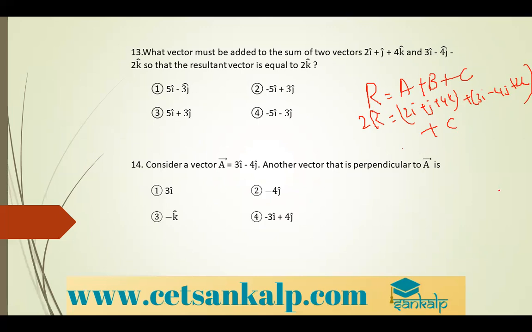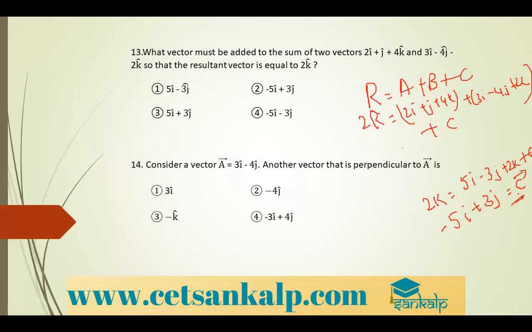So finally, you can write it as 2k is equal to 5i minus 3j plus 2k plus C. When you solve, shift everything to the other side. Then 2k and 2k cancel. What remains is minus i plus 3j, which is nothing but C, vector C. So this is the answer. You have it in option 2.